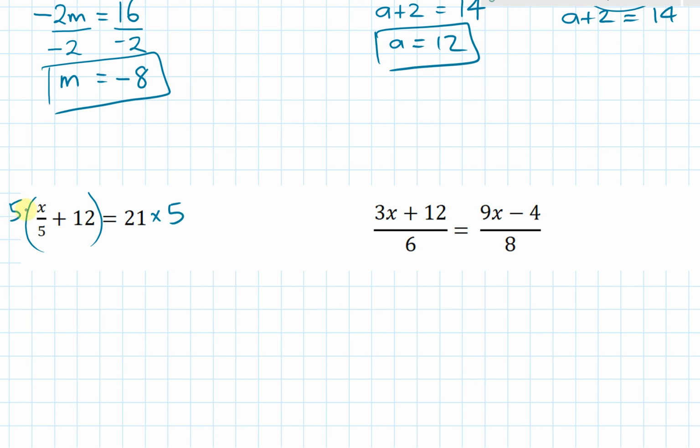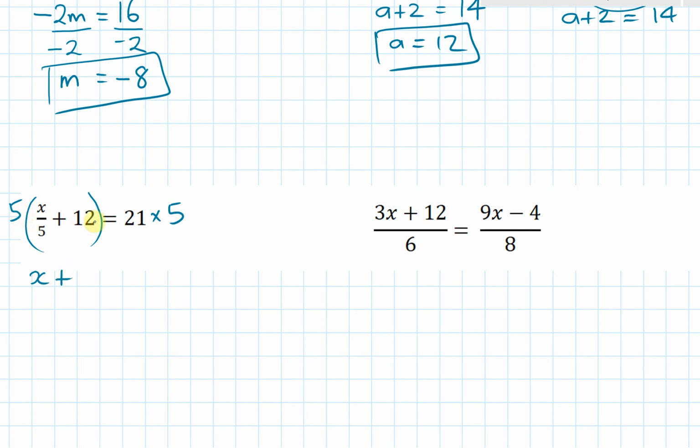Now 5 times x divided by 5 will just give me x, because essentially what I'm doing is 5 times x is 5x, so I end up with 5x divided by 5. So 5x divided by 5 is just 1x, which is just a single x.